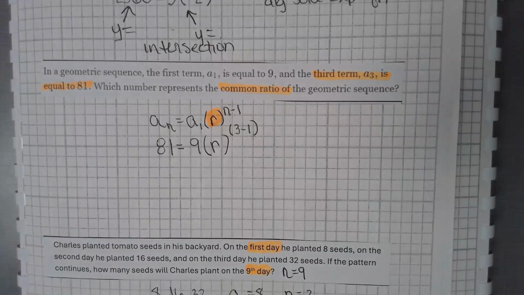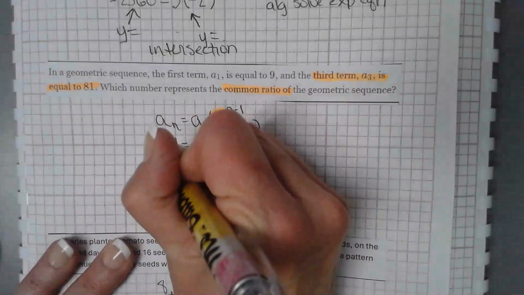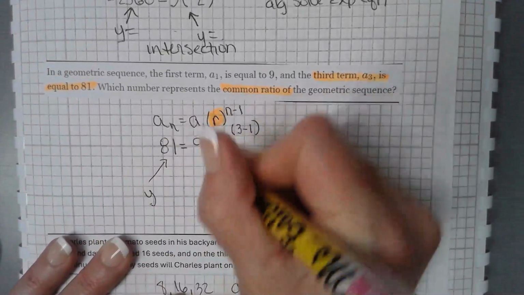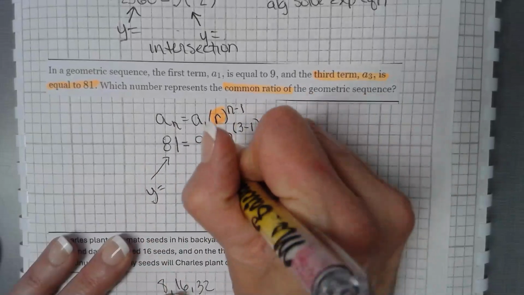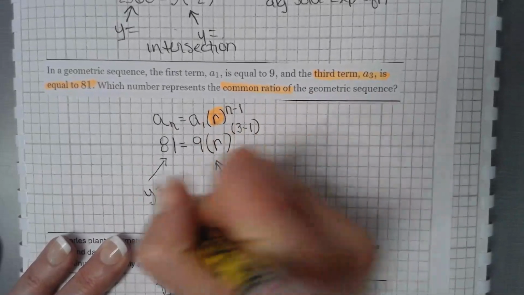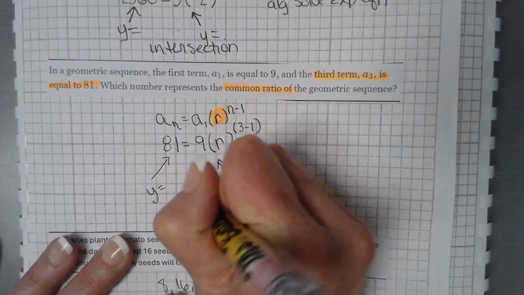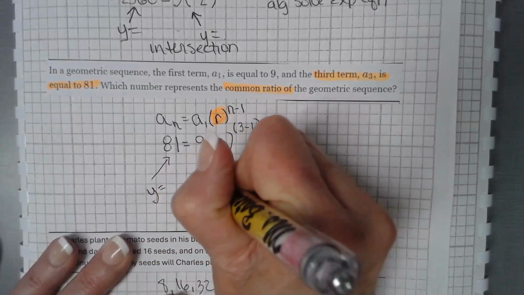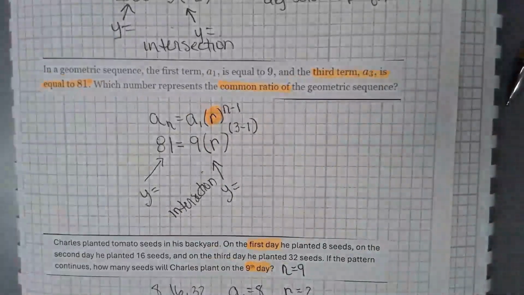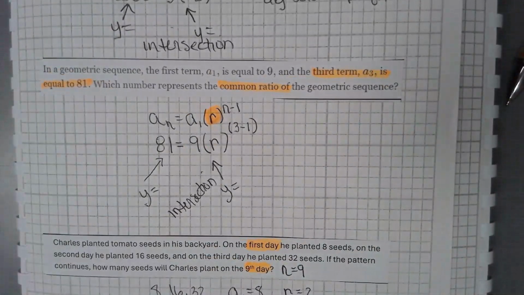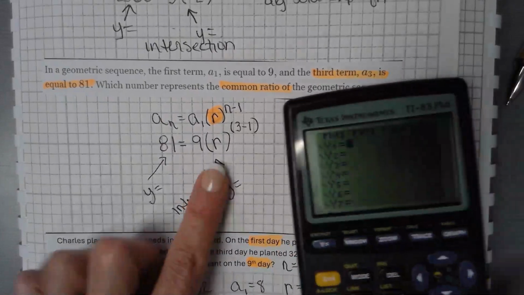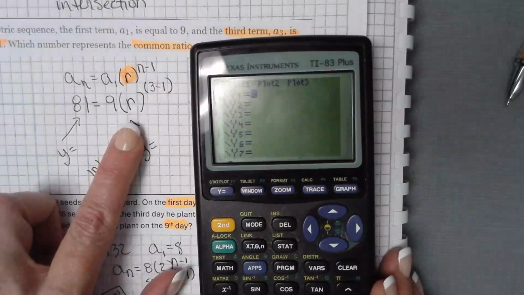We can't solve for R, not Math 1. So put the left side under y equals in Desmos. Put the right side under y equals in Desmos. We can find the intersection. We can also use our table and our calculator. So let's see how that's going to work. If y'all want to do this with me, let's go to y equals.